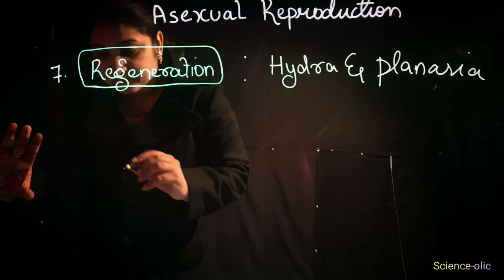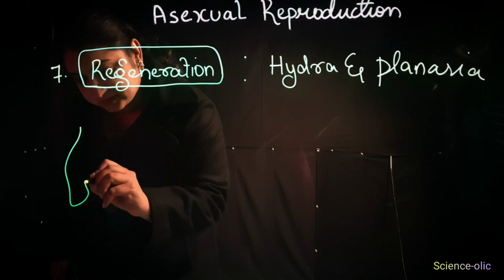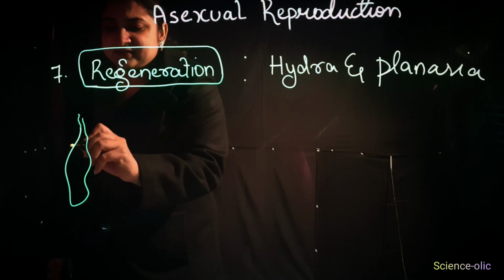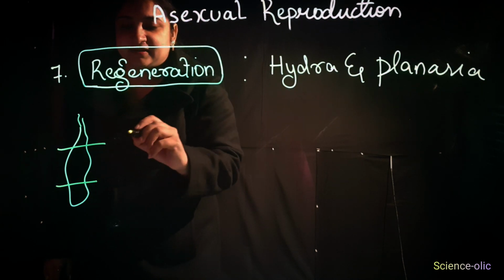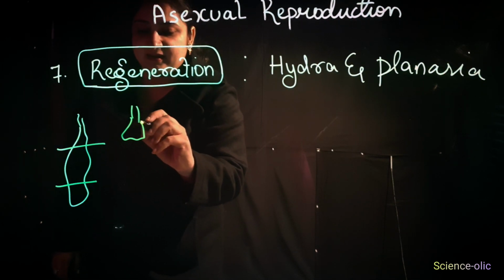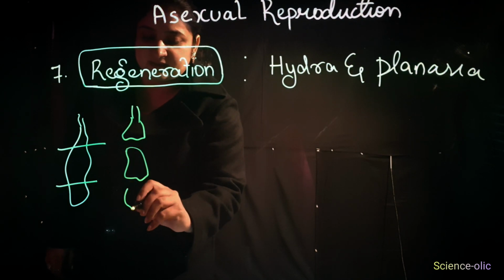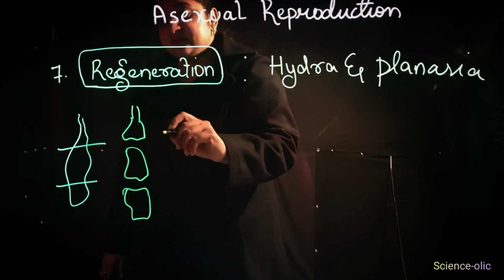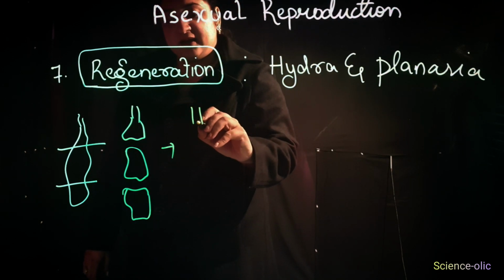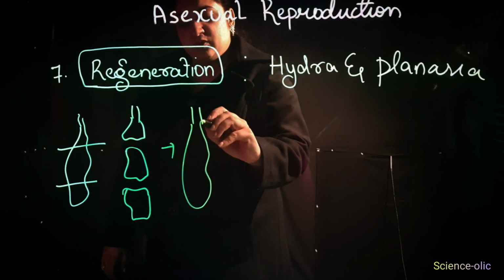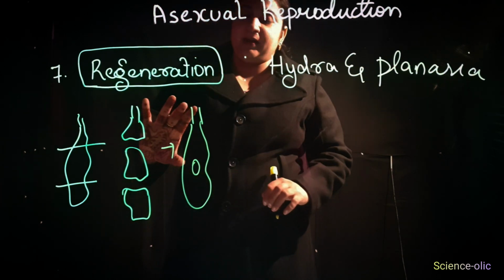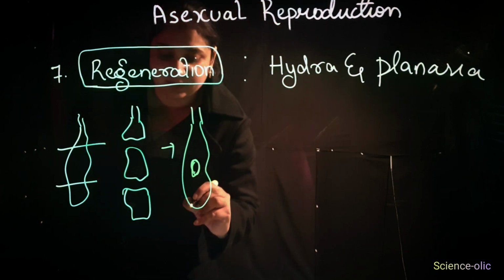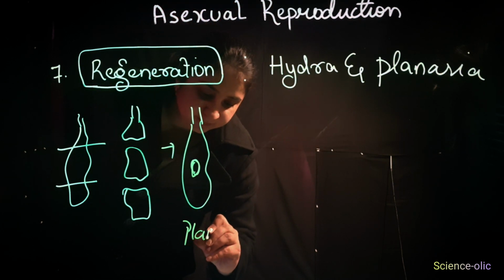In this planaria, suppose this is a rough diagram, and accidentally some part is cut. It divided into 3 segments, but here it will again grow into a new planaria.